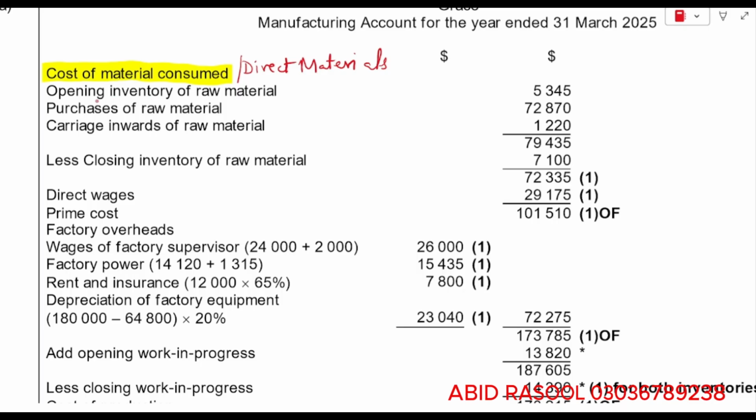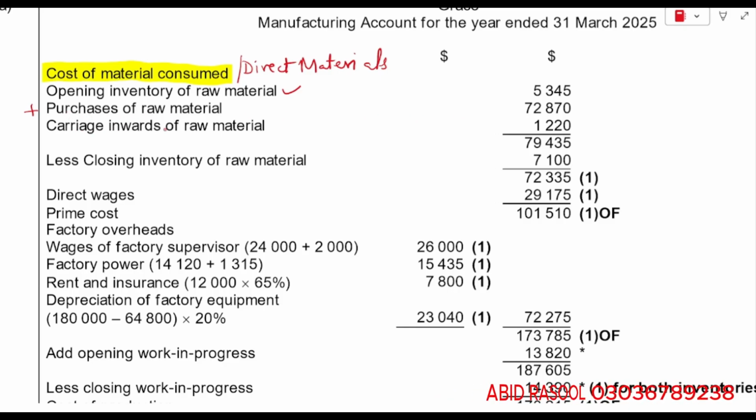Now we can see the opening inventory of raw material that was given there in the start, and then purchases of raw material are to be added. Okay, we will add purchases of raw materials. Opening inventory means when the year started we had this much inventory, 5345 of raw materials, and during the year we bought more raw materials, that will be definitely added.